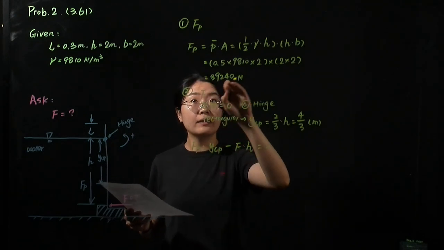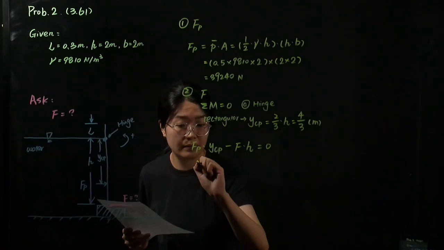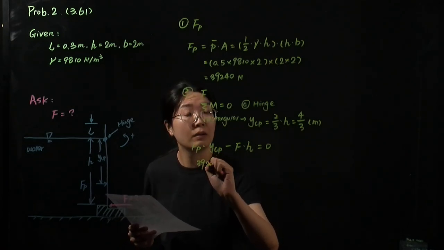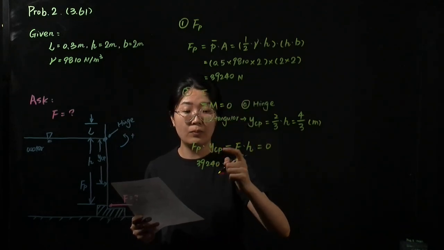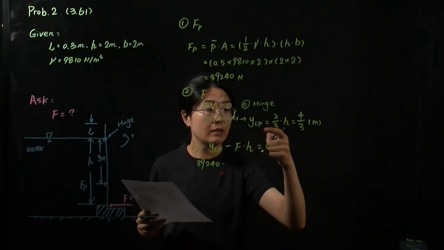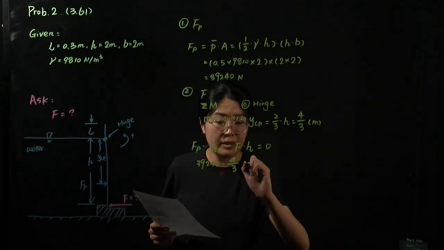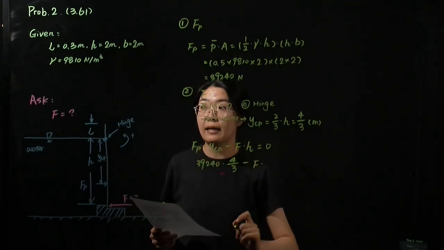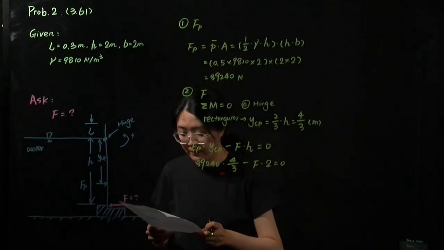We calculate the value of Fp times YCP, where YCP here is 4/3, minus F, which is what we want to know, times H, which is 2. It equals 0.